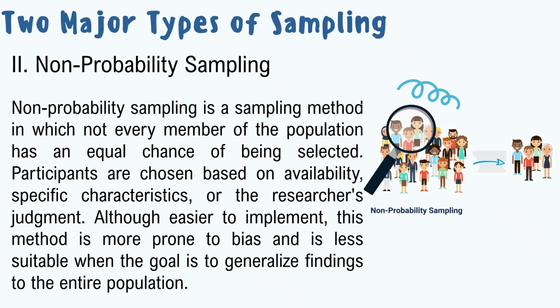So, for example, imagine I need 50 respondents and I simply approach students who happen to be available. So is everyone in the population given an equal chance? No. So that is non-probability sampling. It's often easier and more practical, but it is more prone to bias. Okay, so probability is equal to random selection. Non-probability is equal to non-random selection.